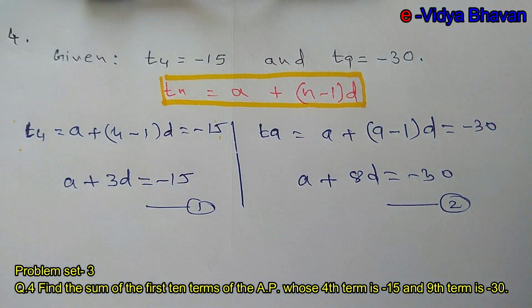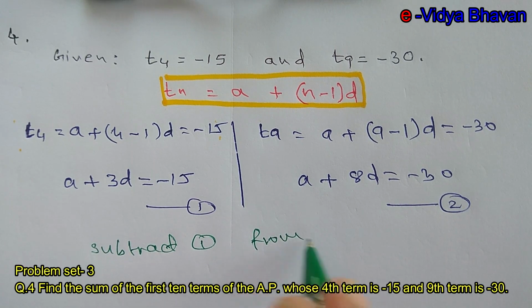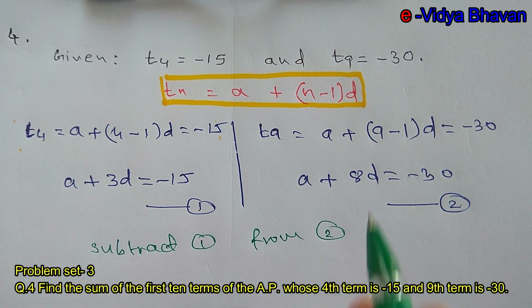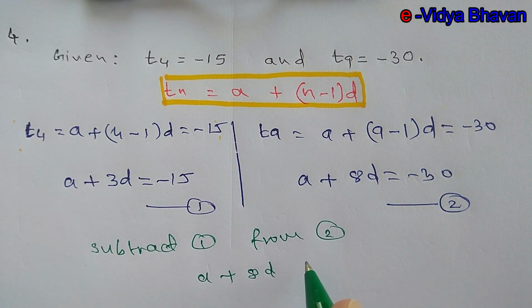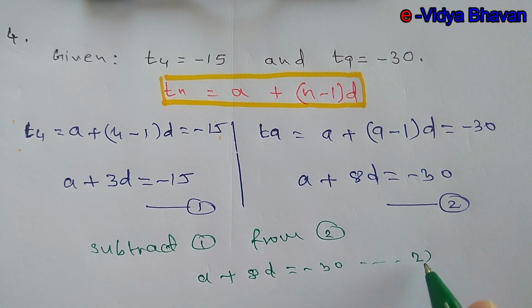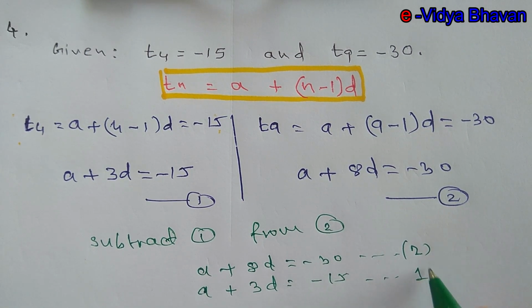Now, subtract 1 from 2. So first we'll write down equation number 2, a plus 8d is equal to minus 30. And second we will write down a plus 3d is equal to minus 15, first equation.